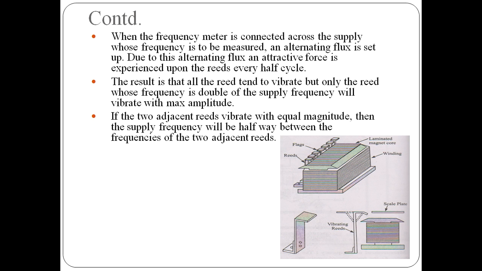The result is that all the reeds tend to vibrate, but only the reed whose natural frequency is double the supply frequency will vibrate with maximum amplitude. If two adjacent reeds vibrate with equal magnitude, then the supply frequency is halfway between the frequencies of the two adjacent reeds.